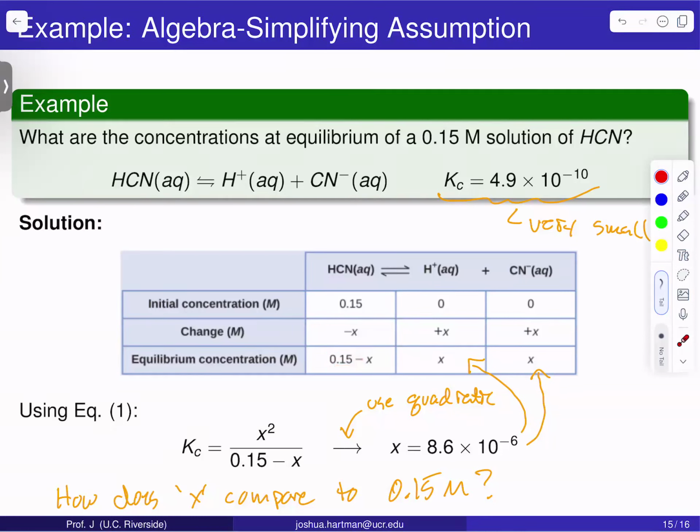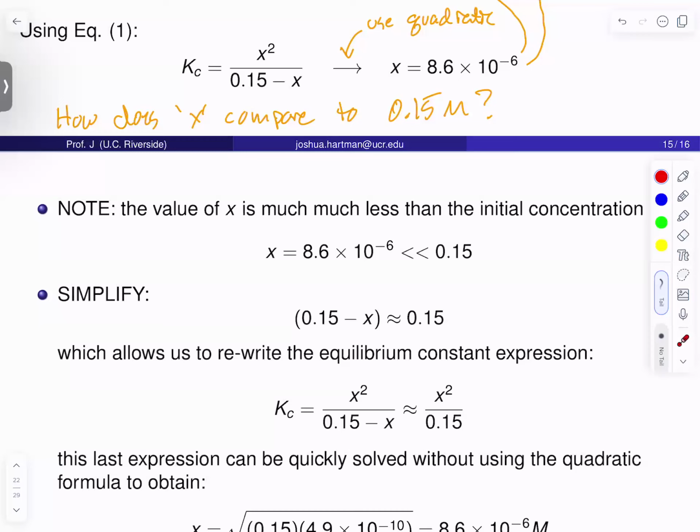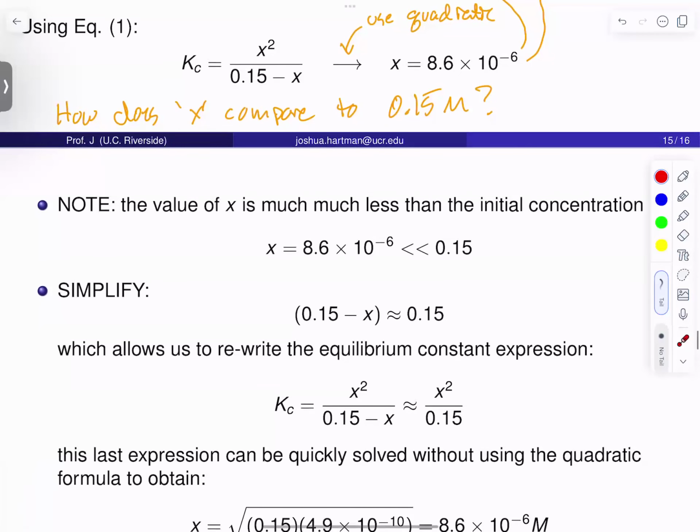As a result, this minus x term is negligible, and to a first approximation, we can simply ignore it. If x is much smaller than the initial concentration, then we make the approximation that 0.15 minus x is basically just 0.15.